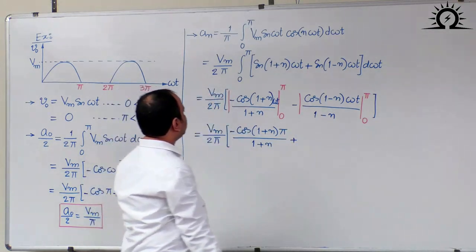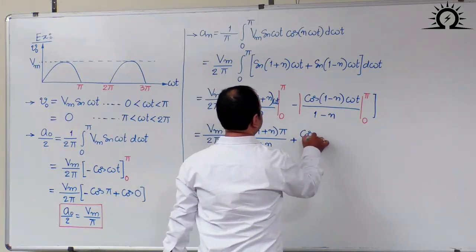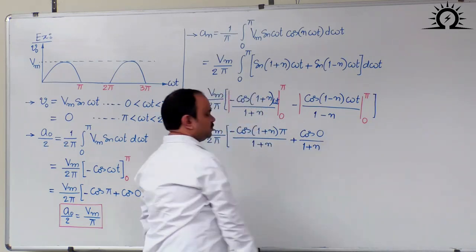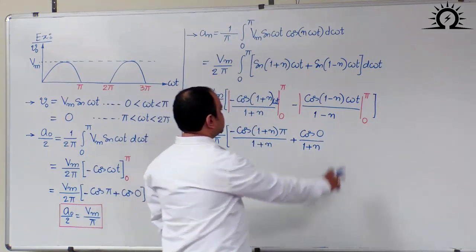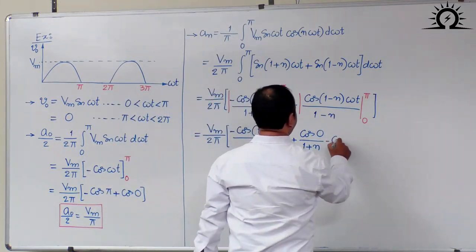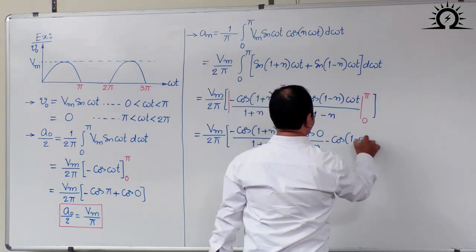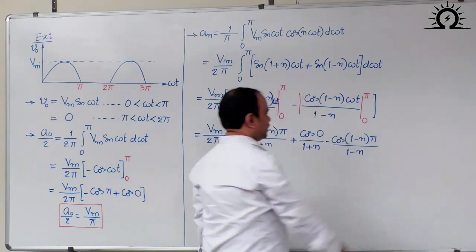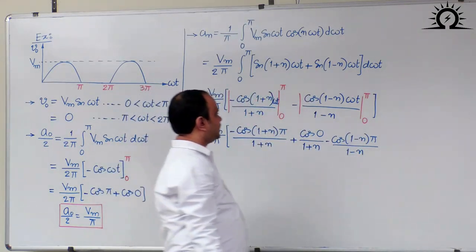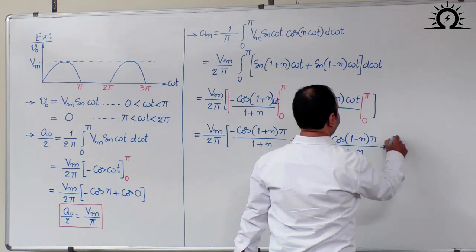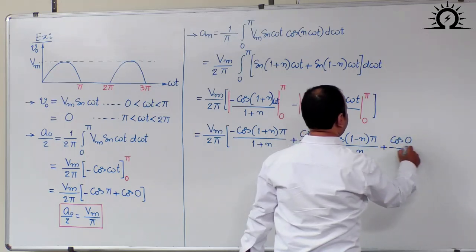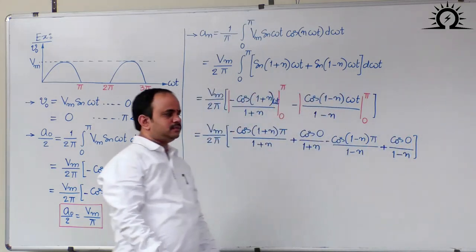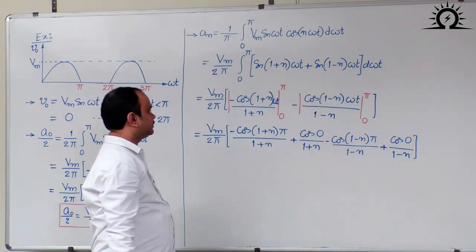Lower limit minus of minus plus cos 0 divided by 1 plus n. Second term minus cos of 1 minus n into pi, denominator 1 minus n. Lower limit minus of minus plus cos 0 divided by 1 minus n.